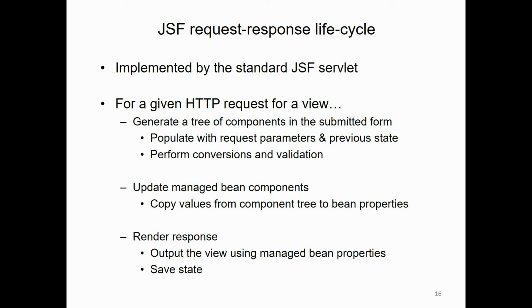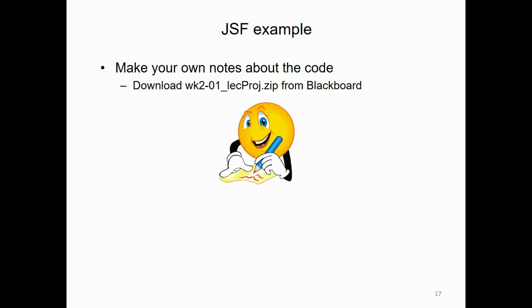For a given HTTP request, it's going to generate a tree of components, populate that tree with request parameters, and maybe the previous state, perform conversions and validation, then update the managed bean with values from that component tree, and maybe do some other processing, and then prepare a component tree for the output view, copying values from the managed bean into the component tree, and then using that component tree to render the next view, and then save state if necessary.